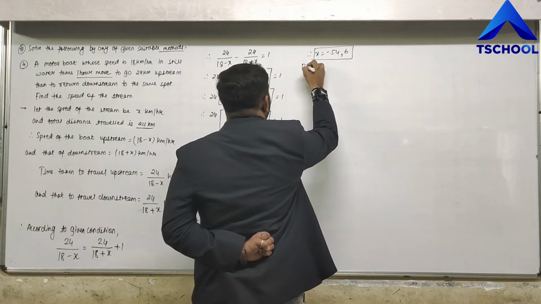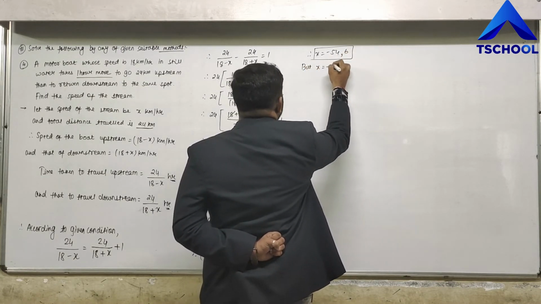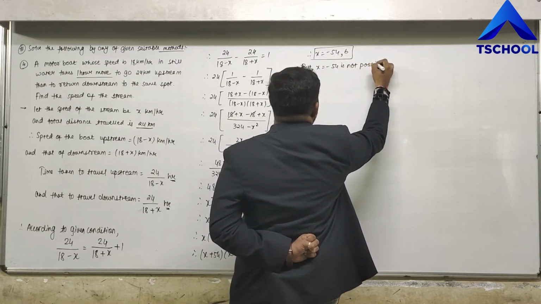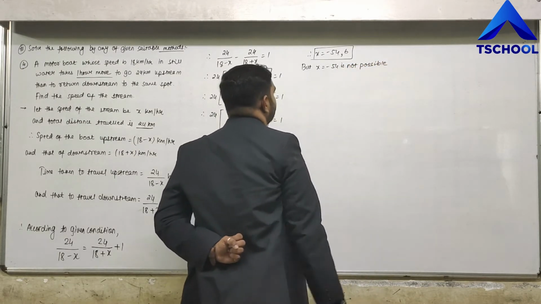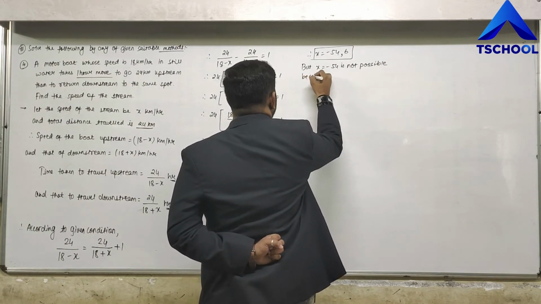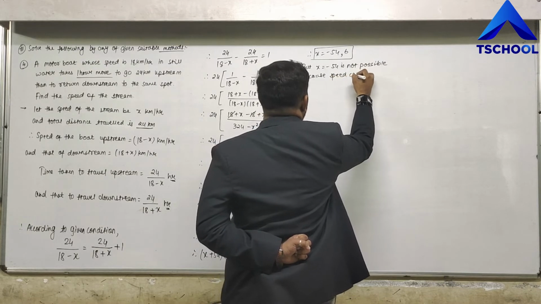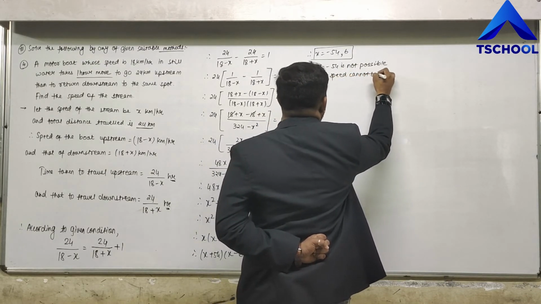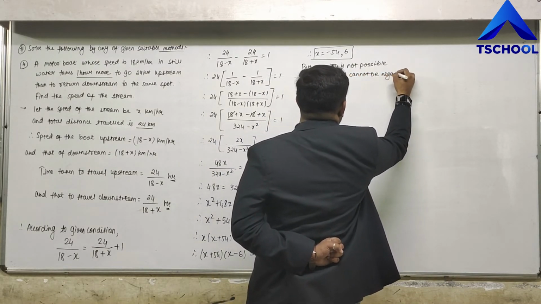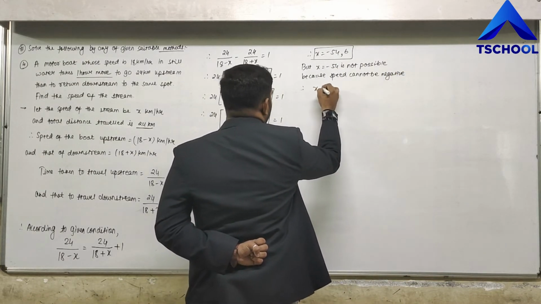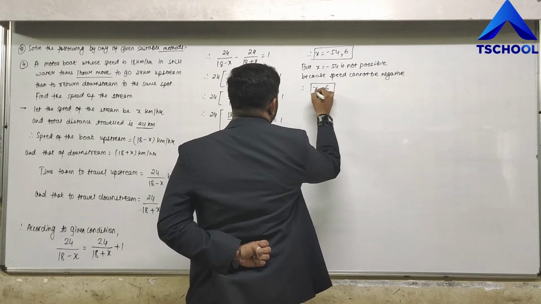But x equals minus 54 is not possible. Why is it not possible? Because speed cannot be negative. Therefore x equals 6.